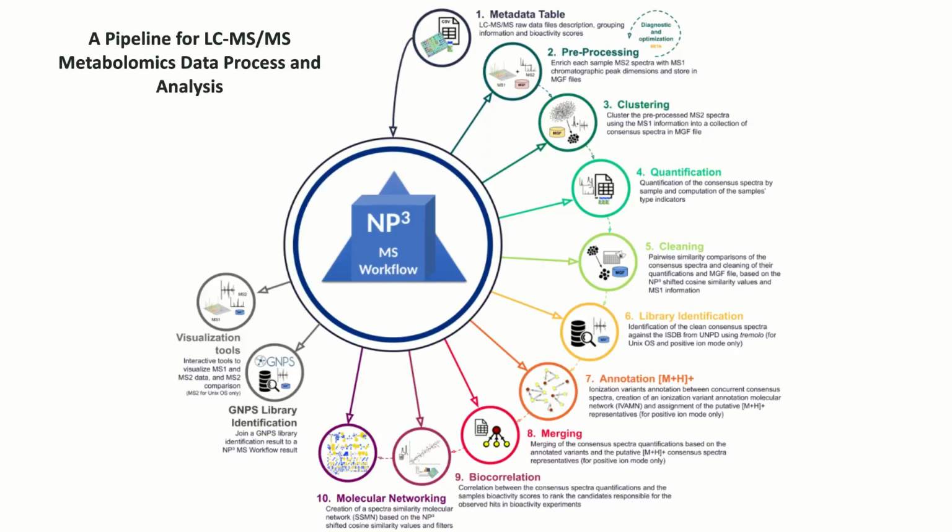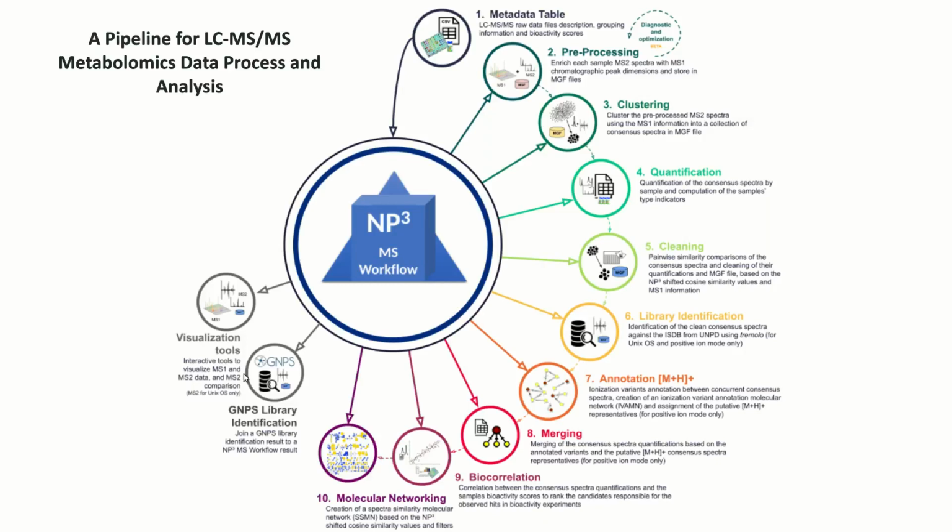Then we go for the merging step, where the ionization variants quantifications are aggregated to the putative M+H ions. And then we go to the biocorrelation step, and finally to the molecular networking, in which the final clean consensus spectra are connected by their similarity values.